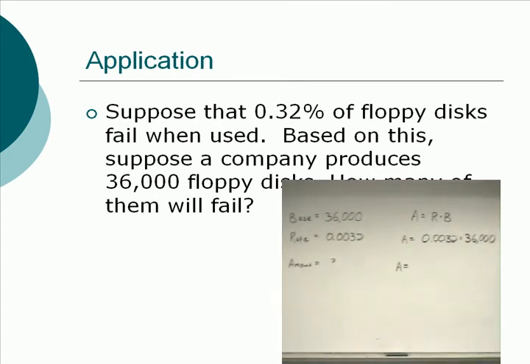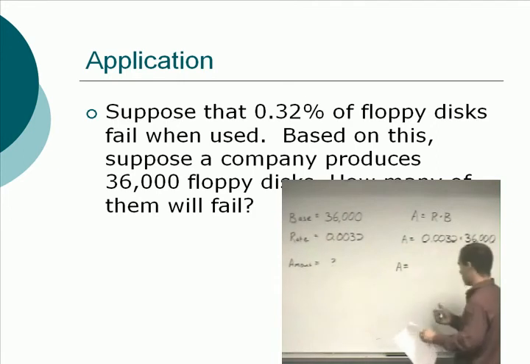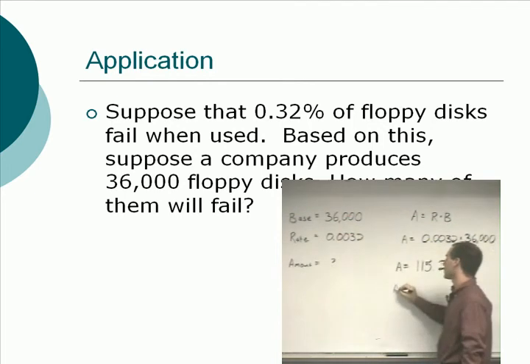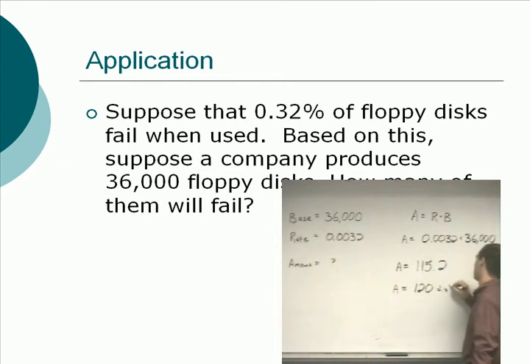If you divide that out, you get 100 and something. 115.2. But we're limited to 2 sig digs, so we have to say that it is about 120 of them. They're probably going to go bad.